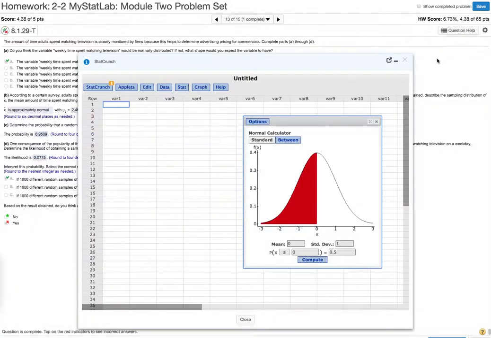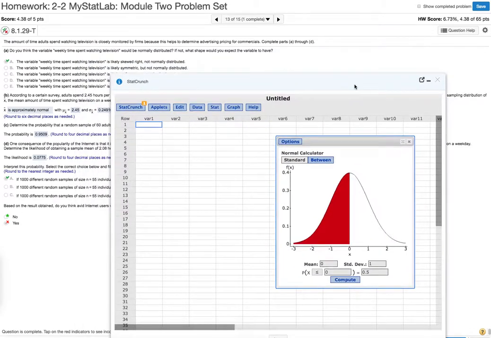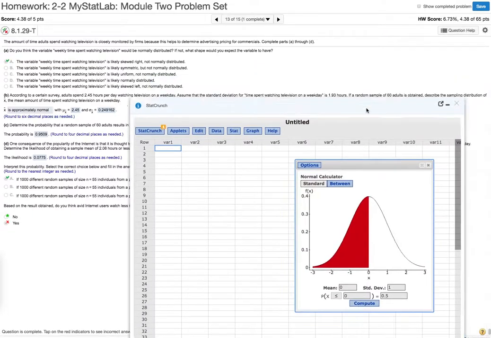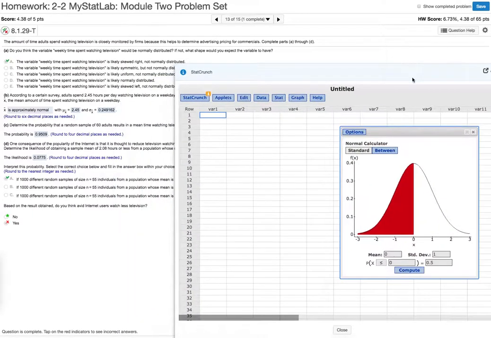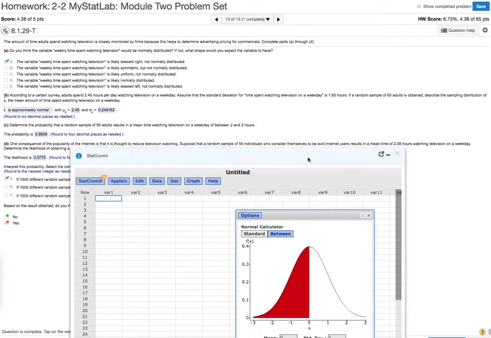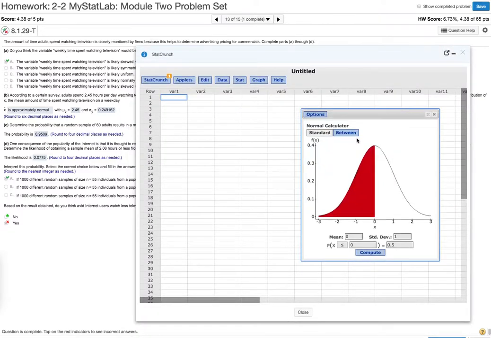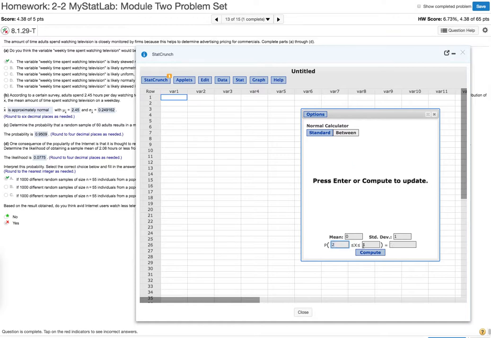And once we're in StatCrunch, we want to find the mean time of watching television between 2 and 3 hours. So here we're going to use the between, and this is going to give us the probability of it being between 2 and 3 hours.